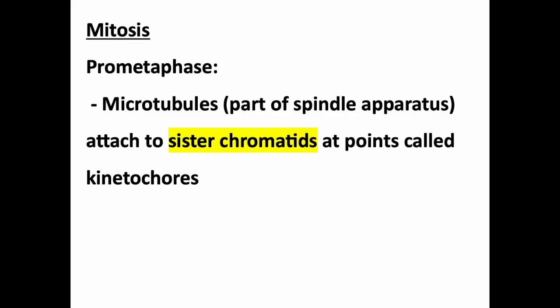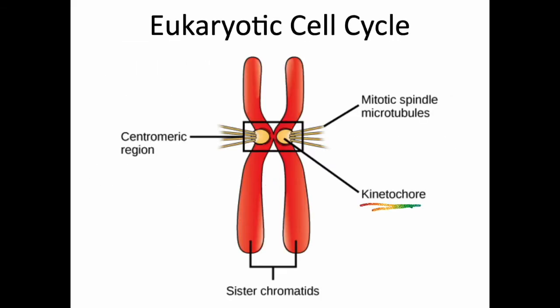So, with that terminology out of the way, we can see microtubules, part of that spindle apparatus, attaching to the sister chromatids at a specific point called the kinetochore. It is very important that these microtubules attach at the kinetochore because, again, we know what's going to happen eventually.